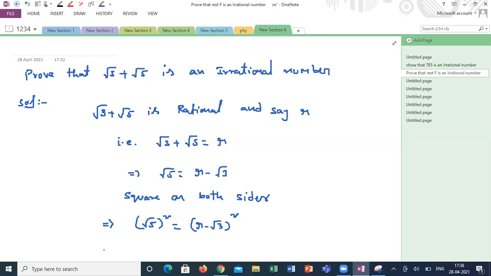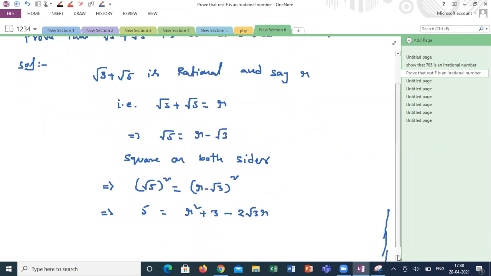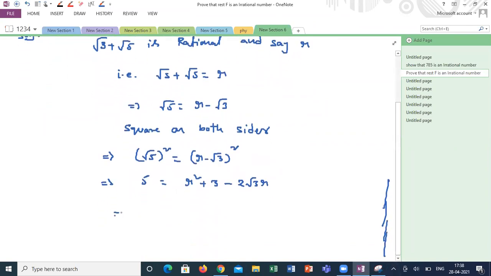How much will you get? 5 is equal to R square plus root 3 whole square, which is 3, minus 2 root 3 R, according to the A minus B whole square expansion. Now, taking 2 root 3 R to one side and 5 to the other side, R square plus 3 minus 5 is R square minus 2.